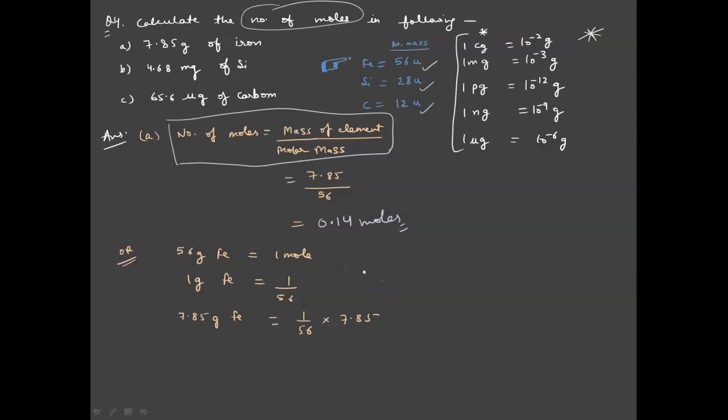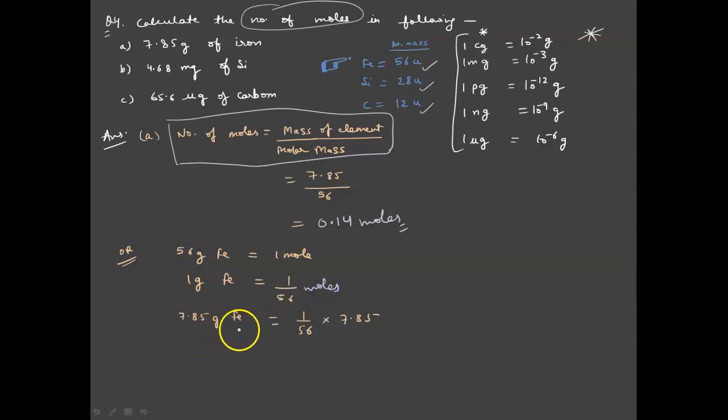But if you forget the formula, or don't know which formula to apply in which question, you can use this. What we know is the molar mass: 56 gram Fe is equal to 1 mole. What we have to calculate should be on the right, and what is given should be on the left. So we have to calculate the moles, so the moles go on the right. 56 gram Fe equal to 1 mole. 1 gram Fe equal to 1 upon 56 moles.